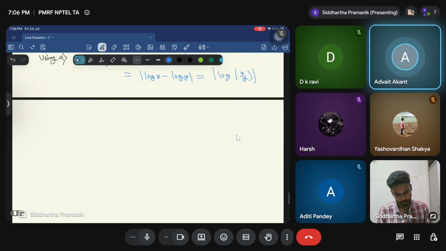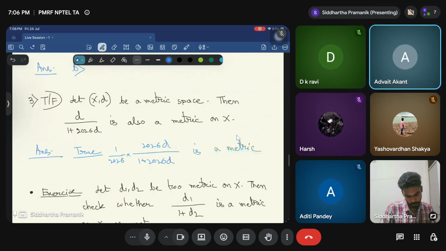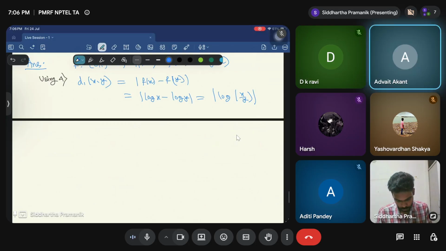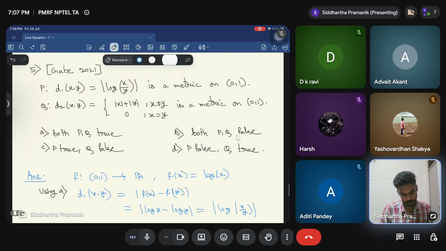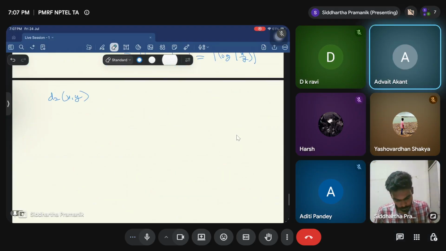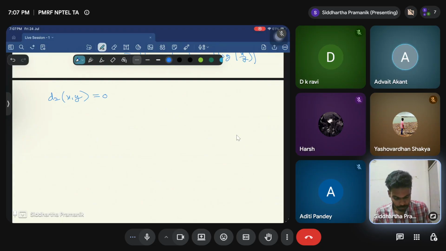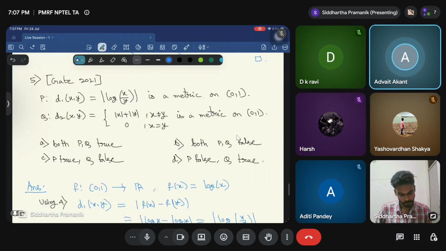Sir, I think the initial conditions hold, only triangle inequality doesn't hold. So non-negativity holds. Can you please show the metric again? Yes, this is the question. Distance between x and y is D2 of x,y. It is 0, but if we assume that x is not equal to y, then either x is not 0 or y is not 0.